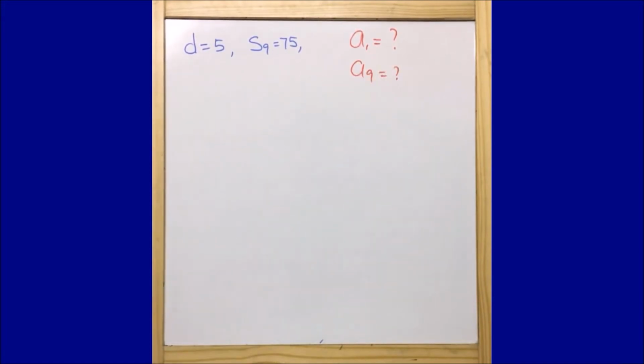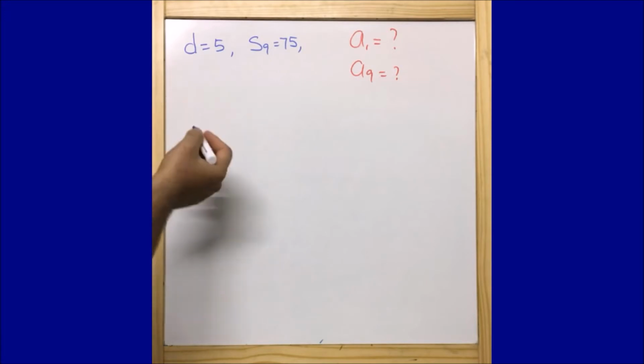So guys, with these two things in requirement, we need to proceed and see how we can solve and find out the missing items or missing figures. Now again, in order to solve this, we will use the previous formulas.